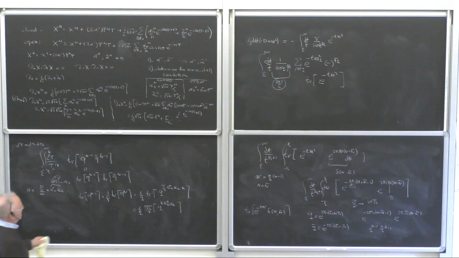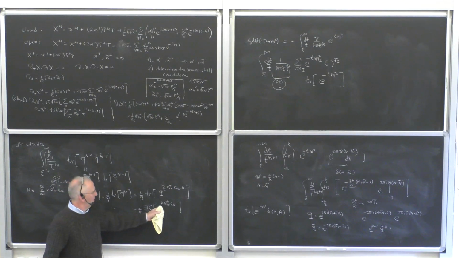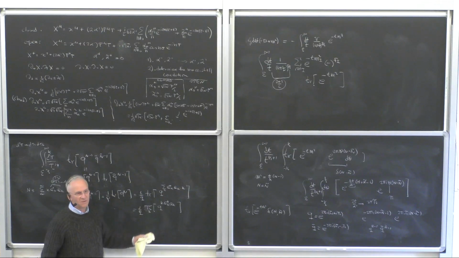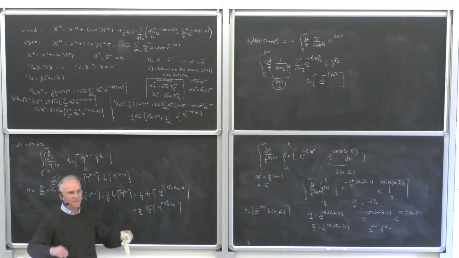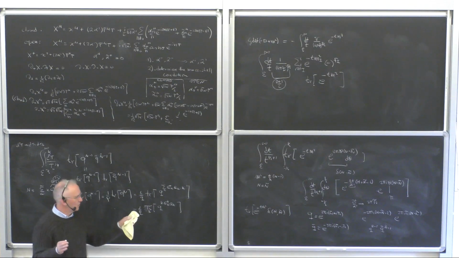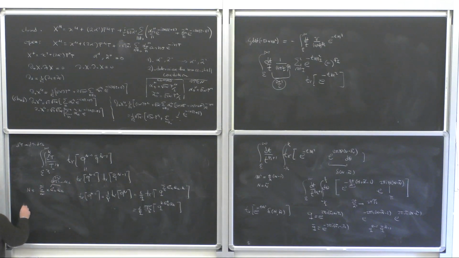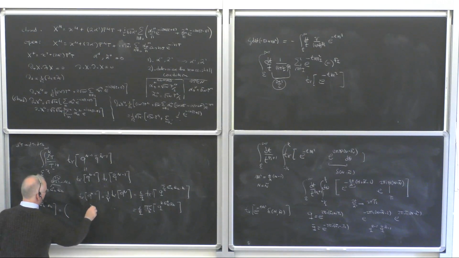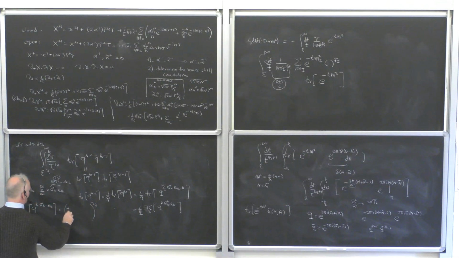Now you have to do this. Pretend for a moment that there was one single dimension. There are 24 of them, but imagine that there is a single ak. The claim is that you will get the 24th power of what I'm getting now. So in other words, the trace of q to the k, a dagger k, dot ak is the 24th power of what you would get if you have a single oscillator dimension, so to speak.